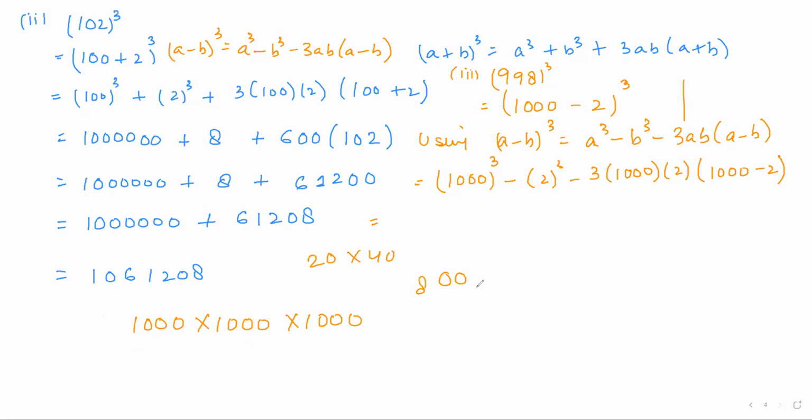So 0 will remain as it is. So I have 3 0 here, 3 0 here, 3 0 here. So I'll put 3, then another 3 0, then another 3 0, and then 1 into 1 into 1 is simple 1. Isn't it? Yes. So 9 0 will come. Okay, write 1. Now 1, 2, 3, 4, 5, 6, 7, 8, 9.